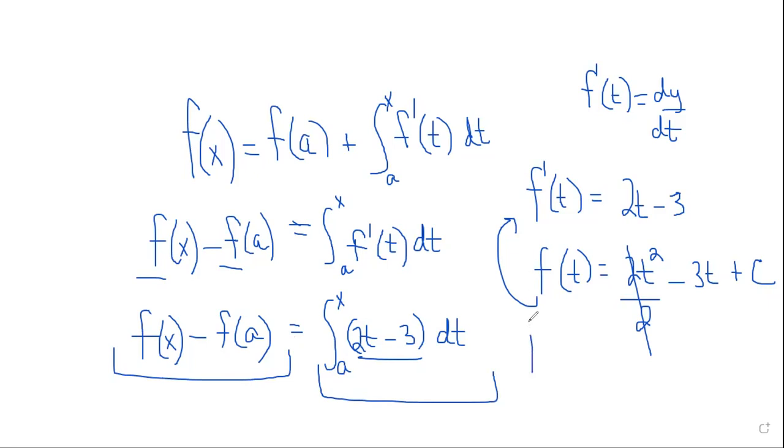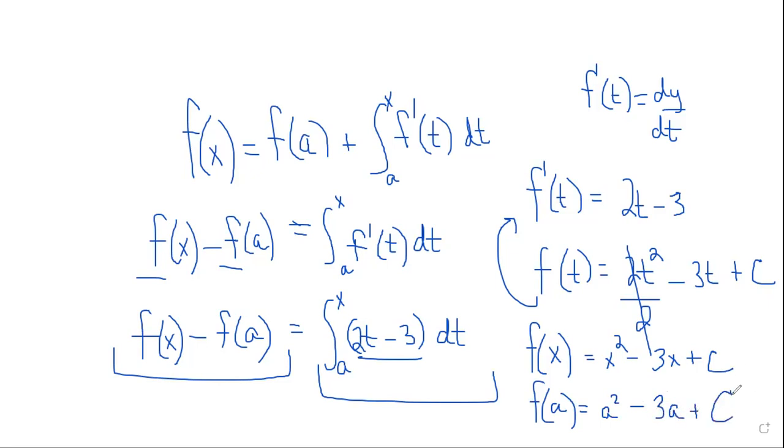Well, f of x would be x squared minus 3x plus that c, whatever c we choose, and f of a, do you see it yet? Would be a squared minus 3a plus whatever c we chose.